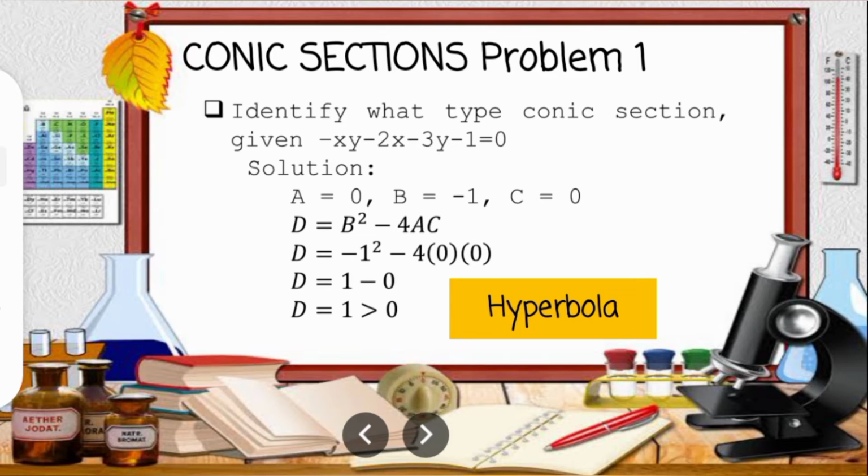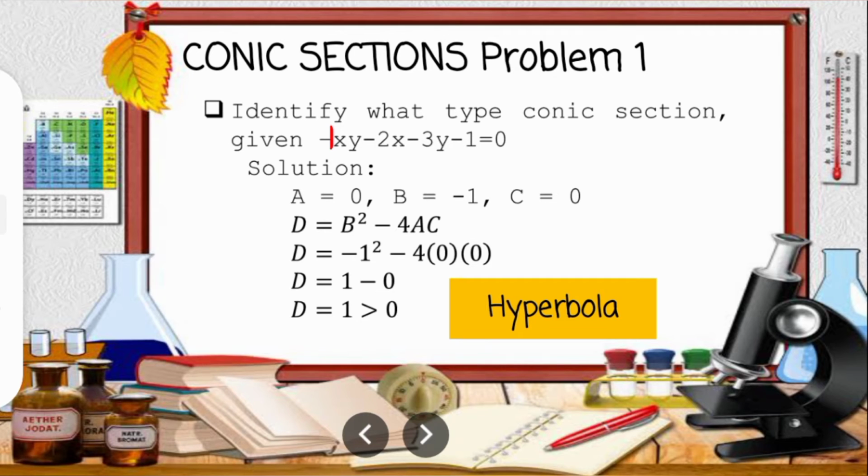Then, our B has the value of negative 1 because B is represented by Bxy. In this given, the negative xy has a coefficient of negative 1, so B is equal to negative 1.